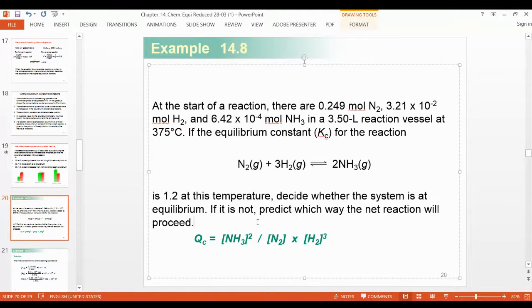So all the concentrations divided by 3.5 liter to get molarity, moles per liter. That value you put into the formula, and you will get the Qc value.